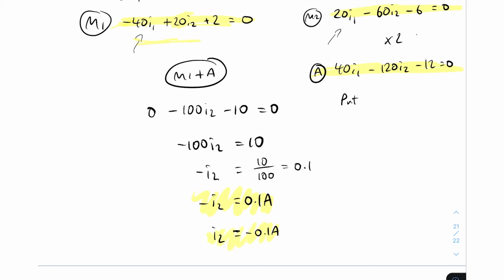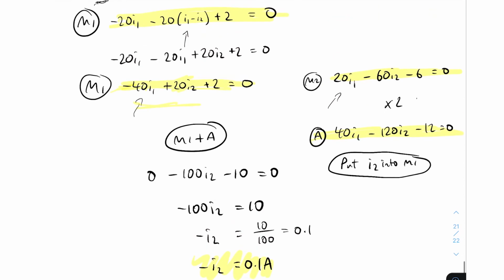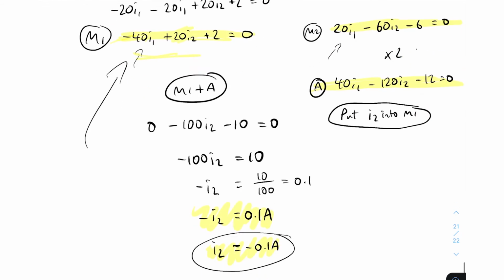All right, I was about to leave it as minus I2. So put I2 into M1, right? We're going to put this I2 into this equation here.